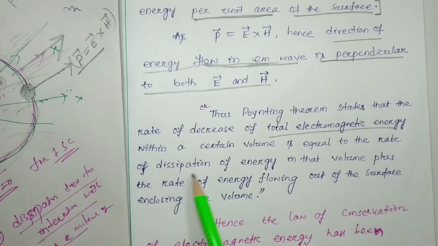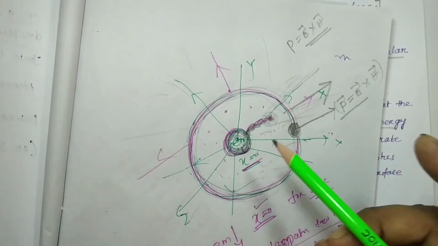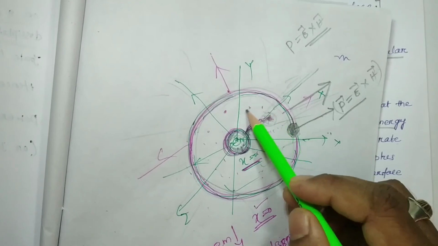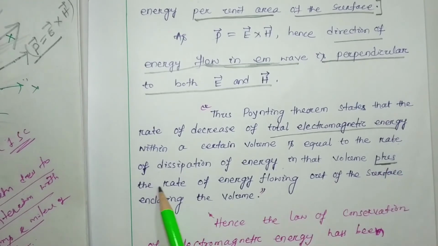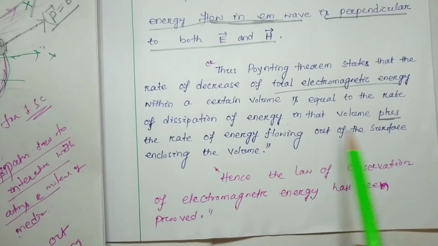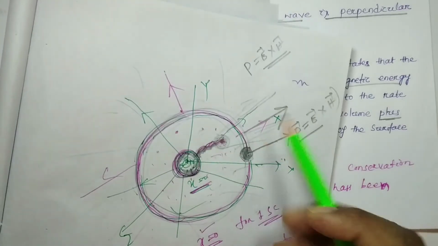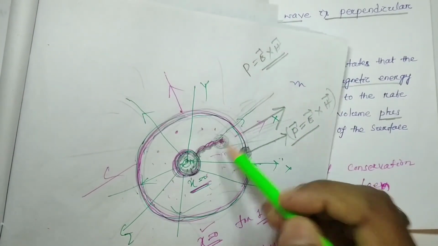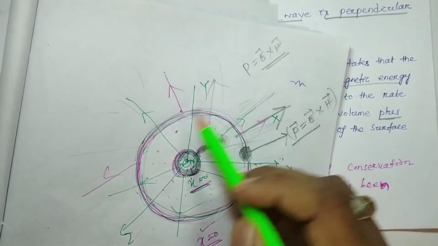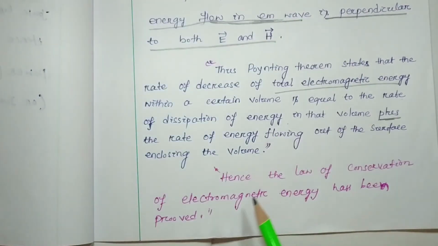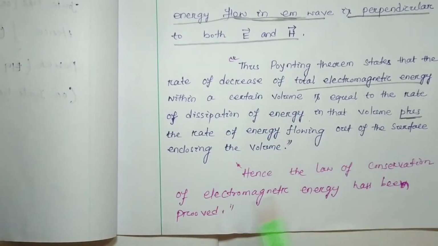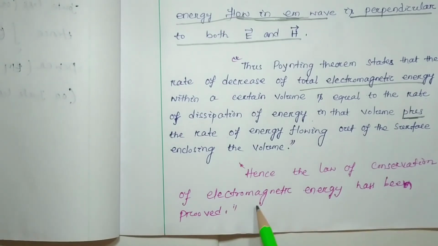It is equal to the rate of dissipation of energy in that volume, the dissipation due to the interaction of the atoms and molecules, plus the rate of energy flowing out of the surface enclosing the volume. The rest of the energy is flowing out from this volume through this surface. So the law of conservation of electromagnetic energy has been proved.